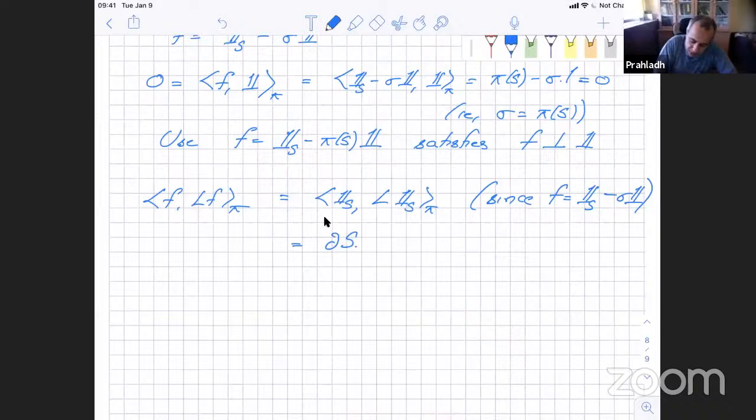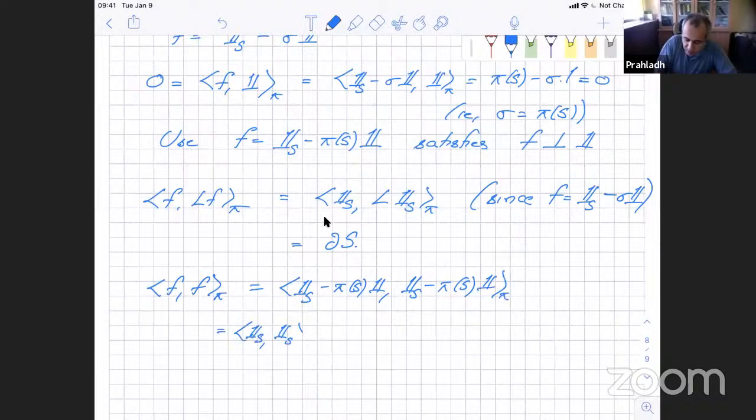But let's look at the denominator. Let's look at f f pi. What was this? This is 1s minus pi s 1, 1s minus pi s 1 pi. Open this out: this is 1s 1s pi minus 2 pi s 1s pi plus pi square s 1 pi.